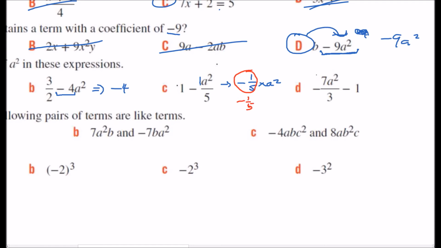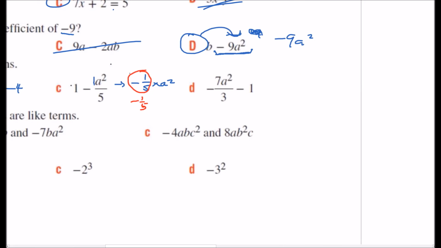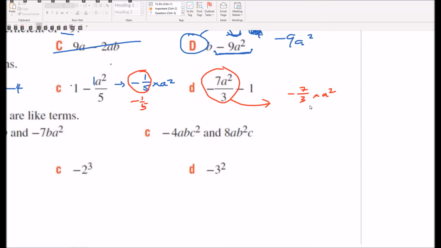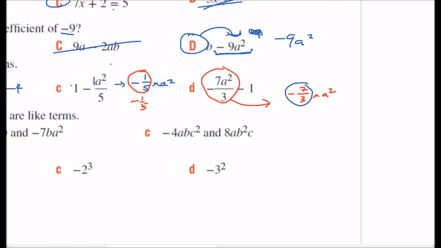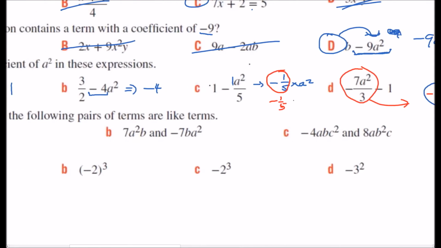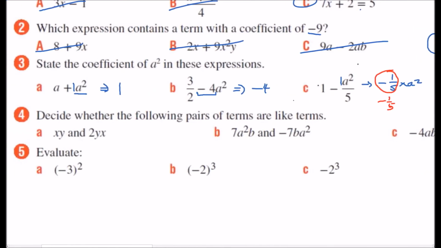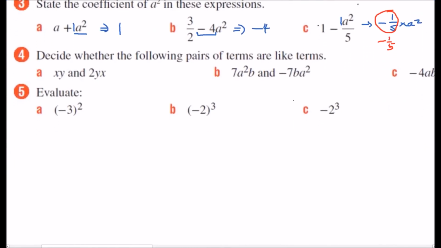And by the same principle, this term here can be represented as -7 over 3 times a squared. So the coefficient in front of a squared is -7 over 3. That's my coefficient. Alright, next part, decide whether the following pairs are like terms.